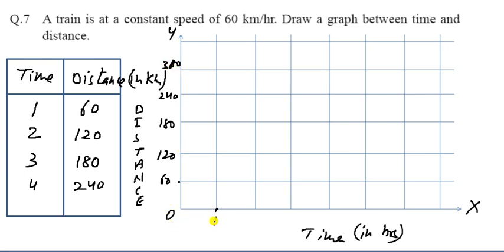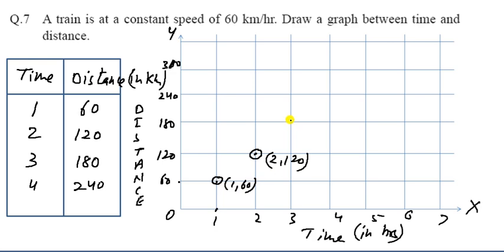So it is 60, 120, 180, 240, 300. Let us see 1 hour, 2 hours, 3 hours, 4 hours, 5 and 6 and 7.